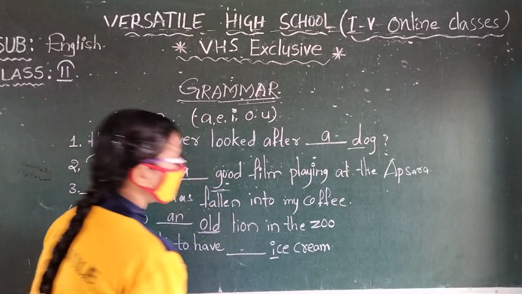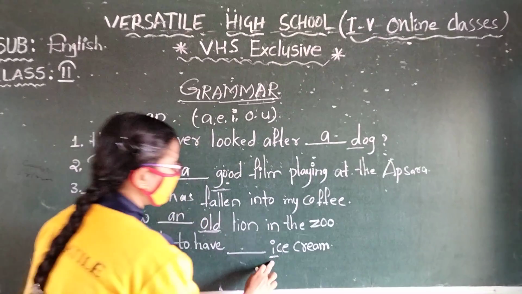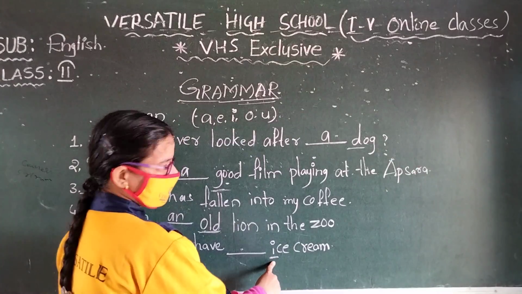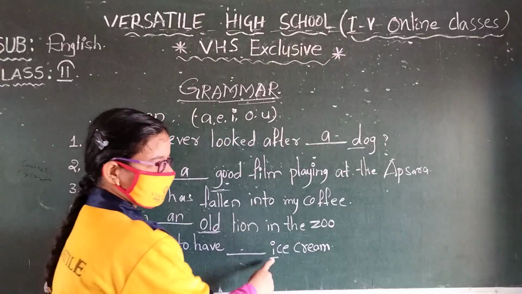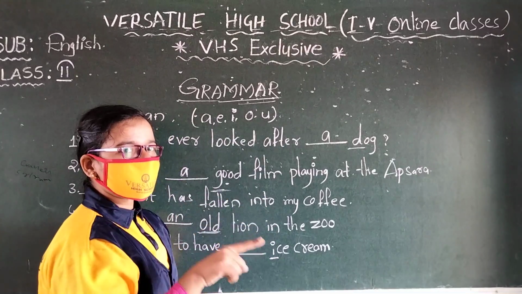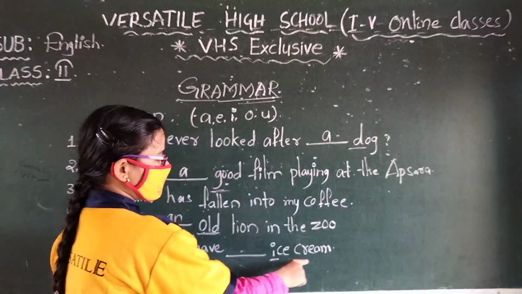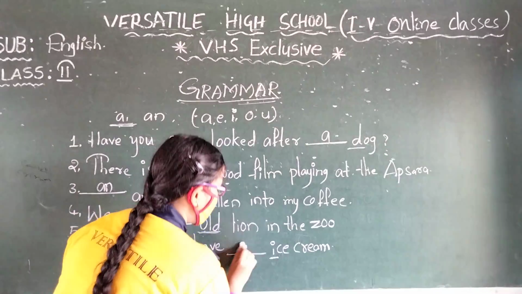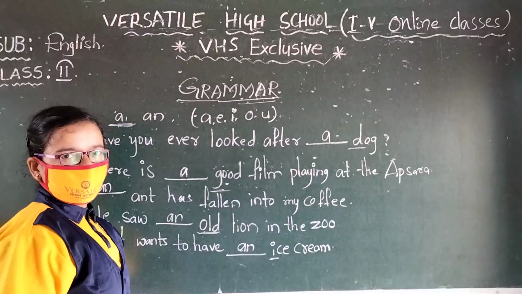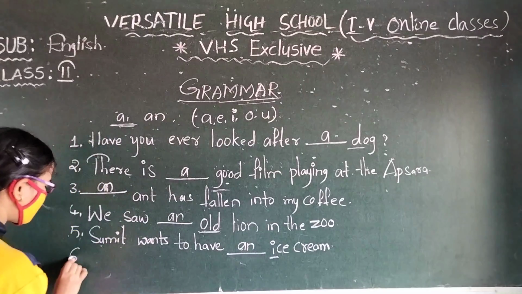Is this a vowel or consonant? Vowel, I is a vowel. This word starts with a vowel sound, I-C-E, ice, C-R-E-A-M, cream, ice cream. We use an here.